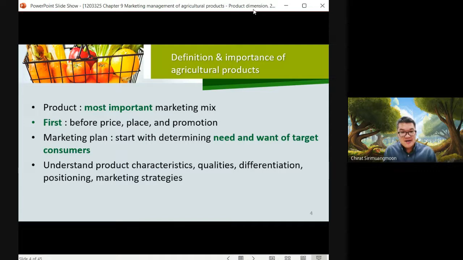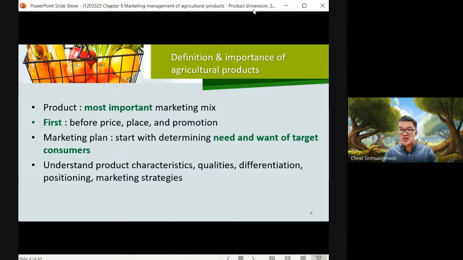And this is very important, of course, when you understand the product clearly. You're going to know the characteristics of the product, the quality of the product, and how to make differentiation in terms of the product. Especially for agricultural products, they look pretty much the same, right?